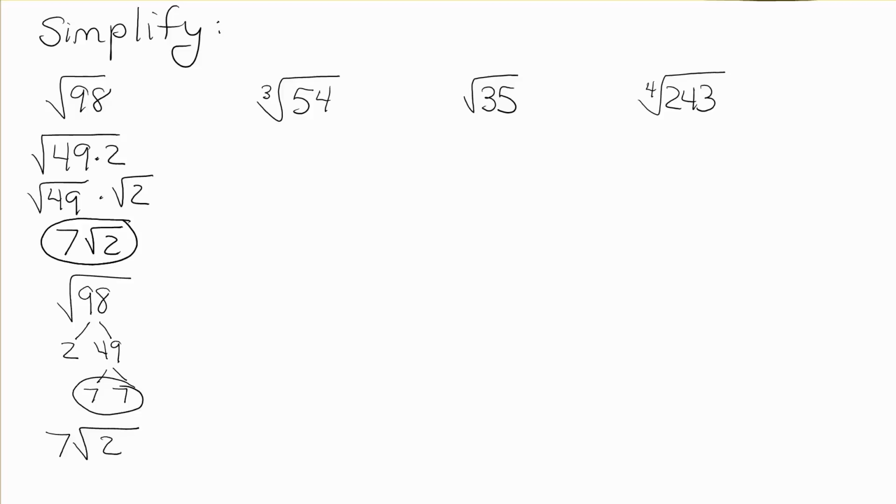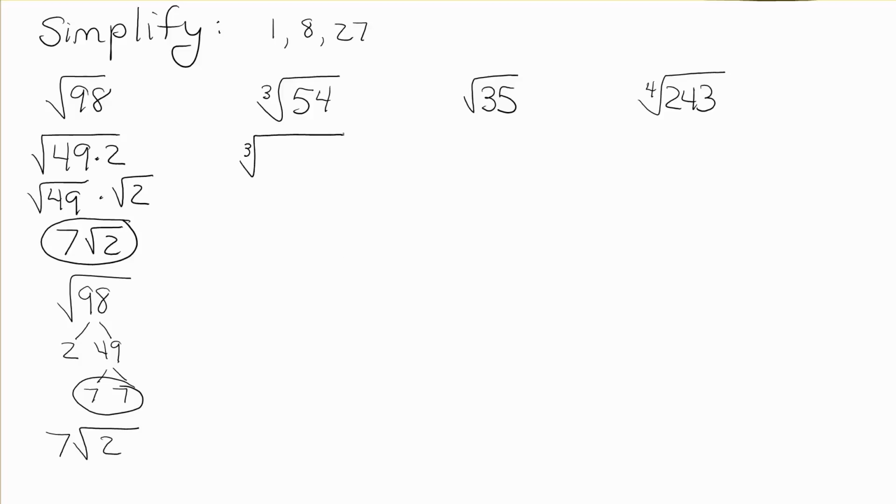radicals much easier. So let's go ahead and take a look at the cube root of 54. Well, my perfect cubes, let's walk down the list of perfect cubes. 1 cubed is 1. 2 cubed is 8. 3 cubed is 27. And 27 is a perfect cube that goes into 54.